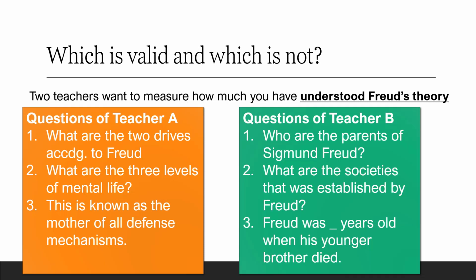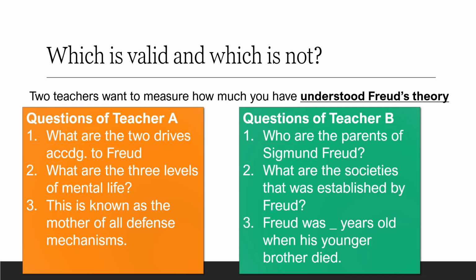So in summary, the questions of teacher A are both reliable and valid. It is consistent. Okay, if you were able to get the same score after 10 months, and it measures what it is supposed to measure. If you take the questions of teacher B and you get the same scores after 1 year, then it is reliable.